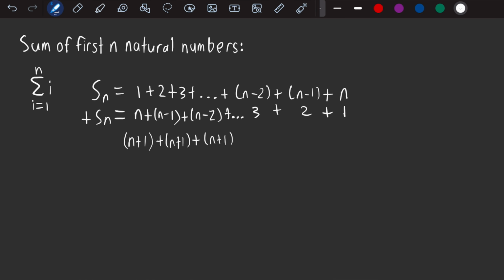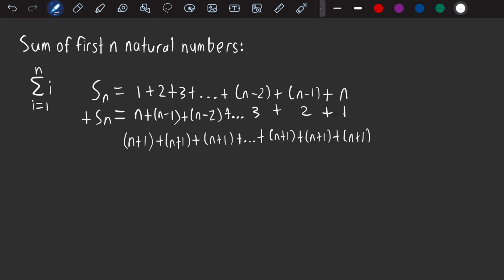And this pattern is going to continue for however many pairs of terms we have in the sum. So the pattern will continue. We see here we have n minus 2 and 3, that's going to be n plus 1. n minus 1 and 2, that's n plus 1. And n plus 1 obviously is n plus 1.